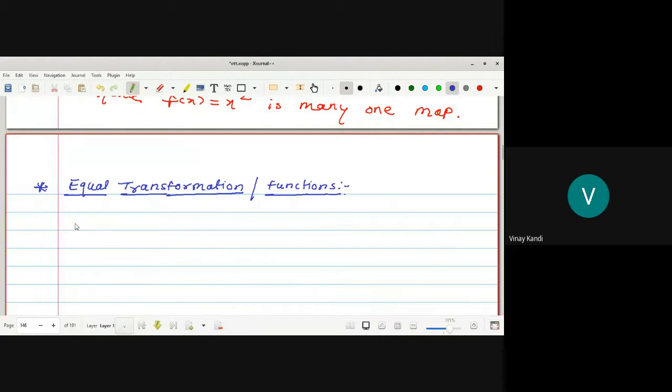Suppose f is a function, or f is a mapping, from the set A to set B, and the function g is a mapping from the set A to set C. These are the three sets A, B, and C. Here, the functions f and g are two functions such that the domain of the functions must be equal.